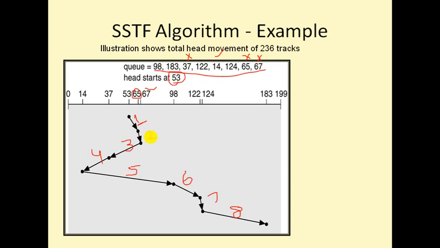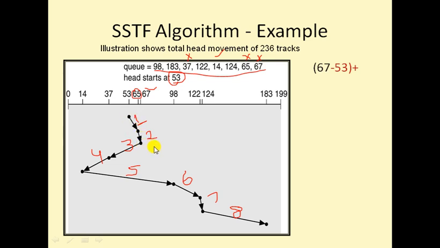Now how can you calculate the number of tracks? This illustration shows total head movement of 236 tracks. How can you get 236? If you subtract the starting and ending positions of each move, you can easily get the number of tracks visited by the head. I am starting from 53. From 53 to 67 there are two moves, both in one direction, so instead of two subtractions I take 67 minus 53.